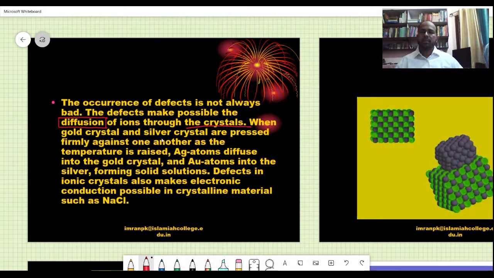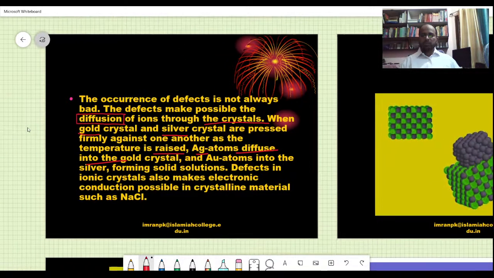When gold crystals and silver crystals are pressed firmly against one another as the temperature is raised, silver atoms diffuse into the gold atoms. So this diffusion of silver into the gold and Au atoms into silver results in the formation of solid solutions.